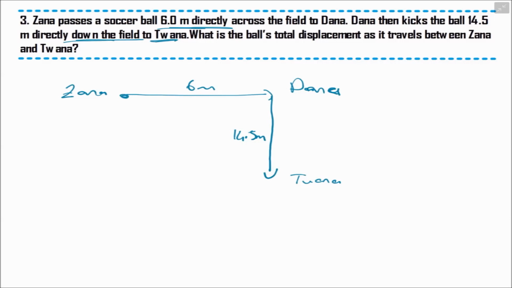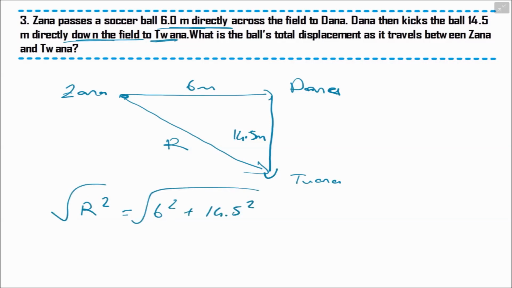That means from Zana to Tawana, this. So r squared equals, we are going to use the Pythagorean theorem, 6 squared plus 14.5 squared. If you take the root of both sides, r is going to be 15.7 meters. Thanks for listening.